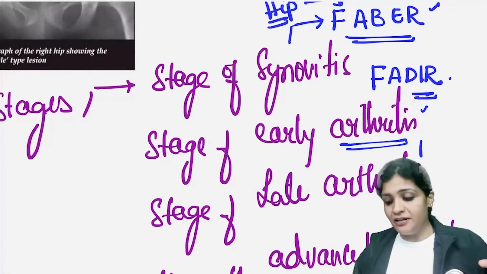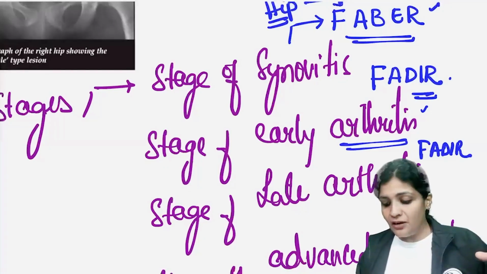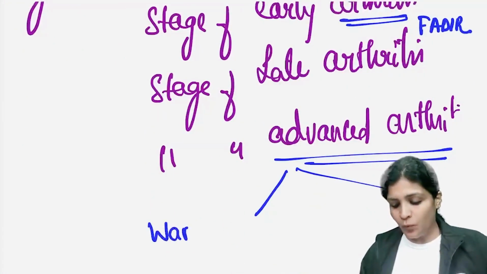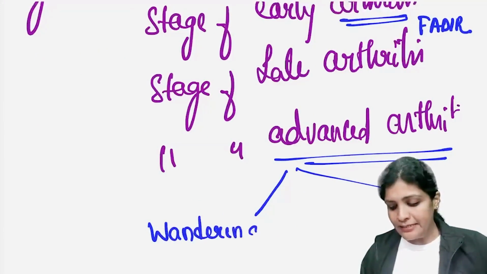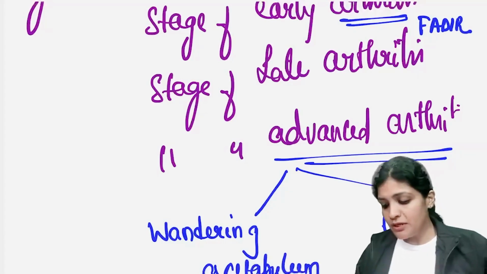And in advanced arthritis, there are two important things you have to remember. One is the wandering acetabulum, and the second one is the mortar and pestle appearance.